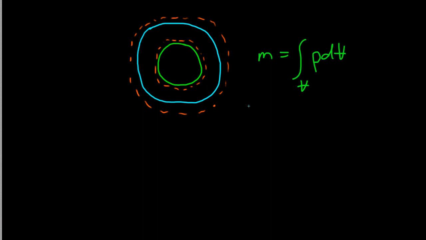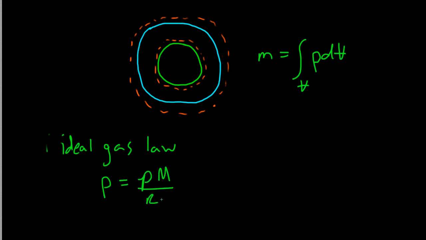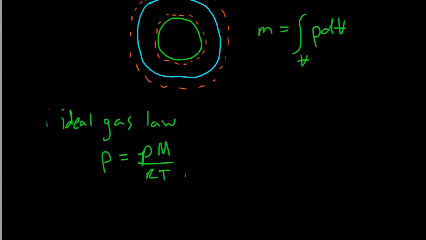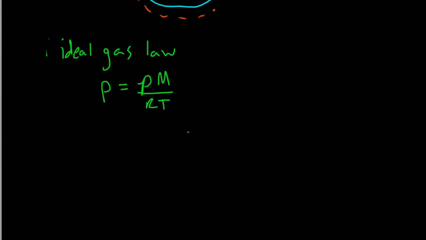The ideal gas equation of state relates the thermodynamic properties of density, pressure, and temperature to each other. We'll discuss the ideal gas equation of state in detail as the course progresses.